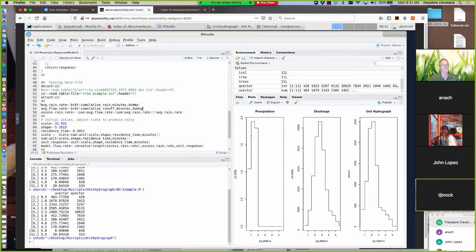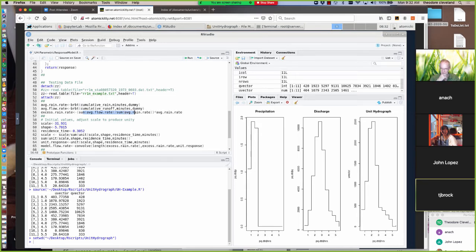And once it has that, it gets an average rainfall rate and an average flow rate. So it's doing this backward rate, backward time, which means the data in this file are provided as cumulative. Produces an excess by proportioning it so that the two volumes add up correctly.